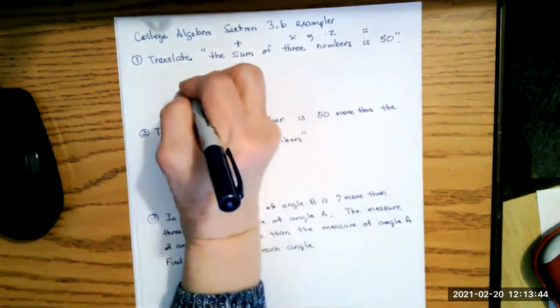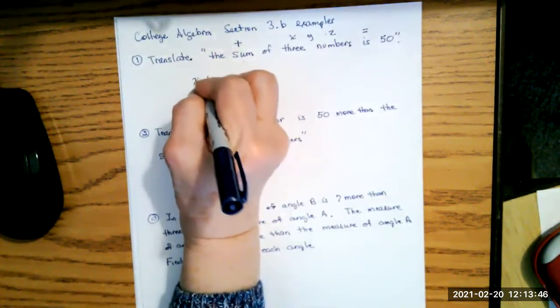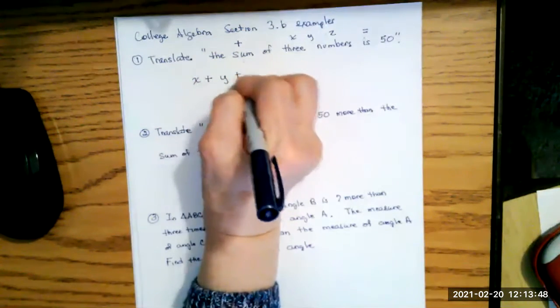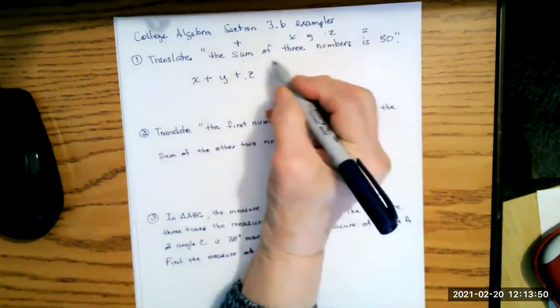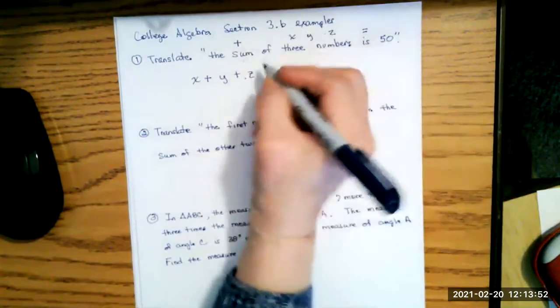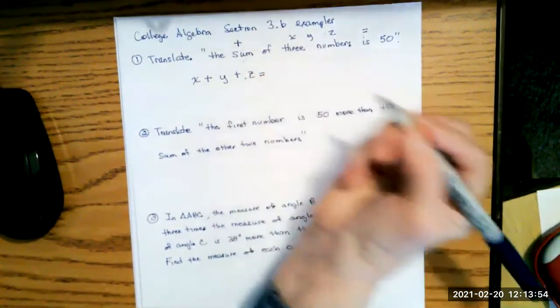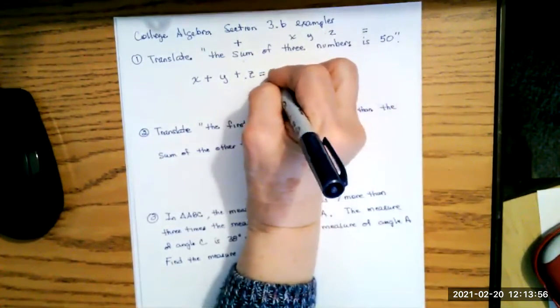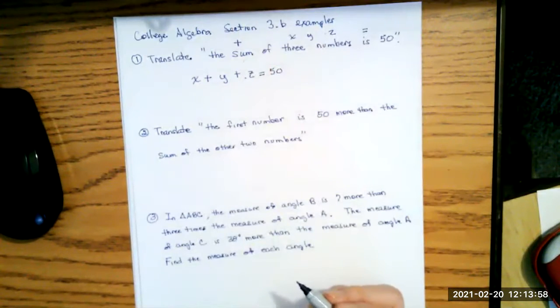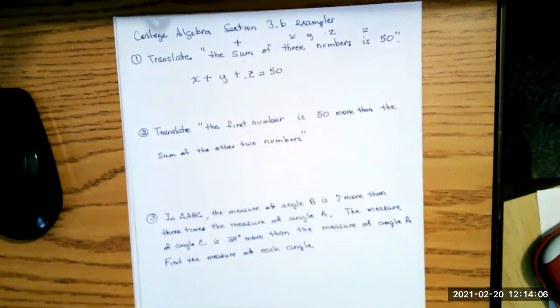So we would write an expression like X plus Y plus Z for the first part of it. Then the "is" changes it to an equation for the equal, and we would put our sum over there on the other side. So we have X plus Y plus Z equals 50 for our first one.